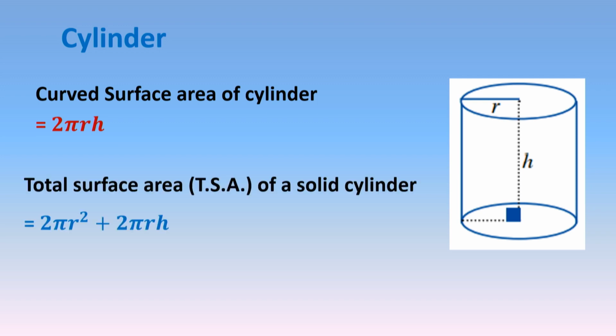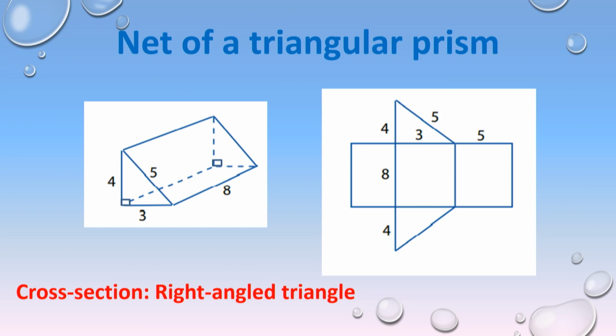The total surface area of a solid cylinder will be given by 2 pi r square plus 2 pi r h, because for a solid cylinder we have a circle at the top and a circle at the bottom. Now we move on to the triangular prism.